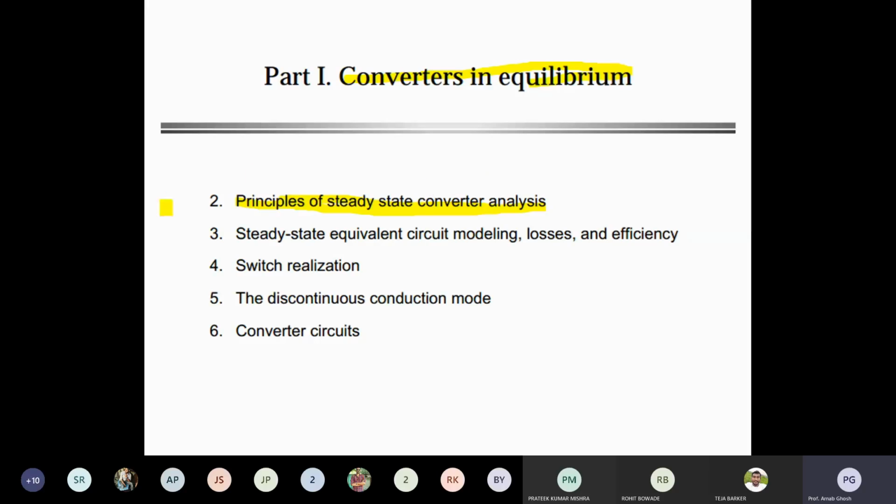Then the steady state equivalent circuit model. Okay, because modeling is important for designing the controllers. Controller design is totally mathematical, so first your converter is a physical system, and you have to convert your physical system to the mathematical domain.